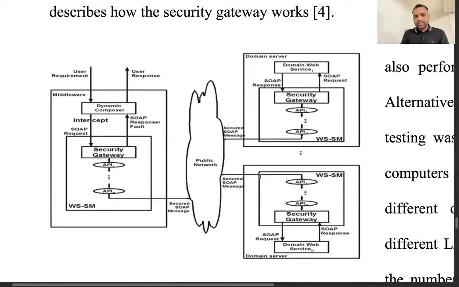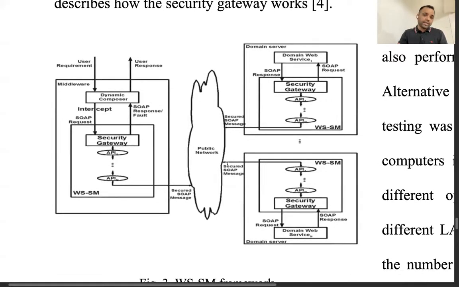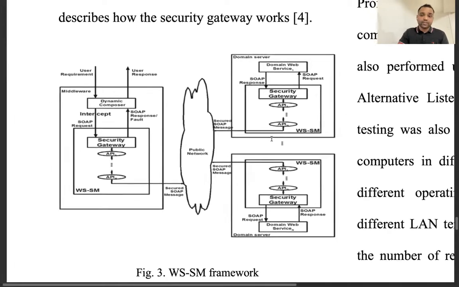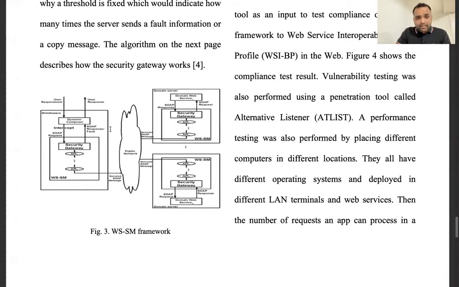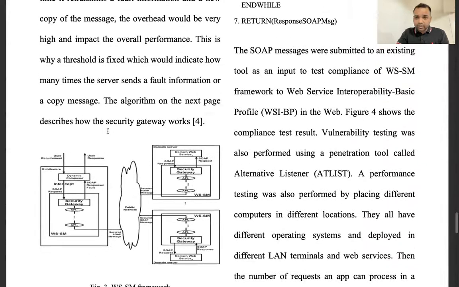When the security attack is processed multiple times, there is a threshold fixed. If the message is sent several times, there will be high overhead, which will reduce the performance significantly. So the threshold will tell how many times the server will send this message. If the threshold is crossed, the dynamic composer of the middleware will choose another path to send the same message to another side of the server.